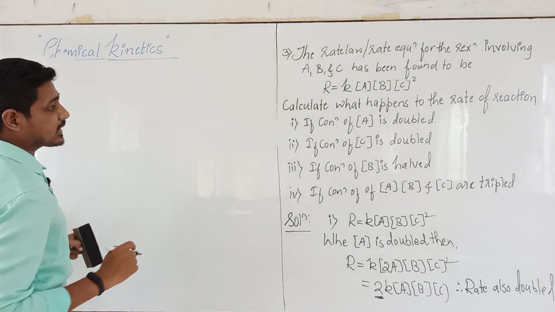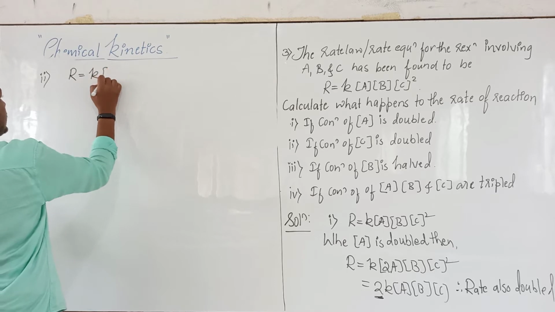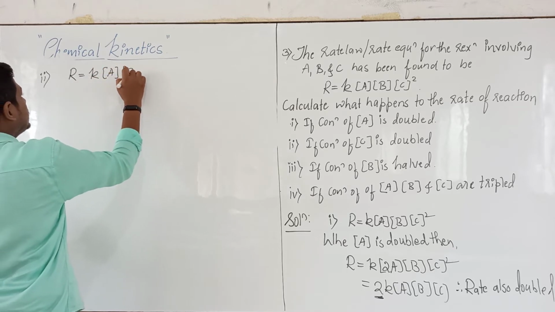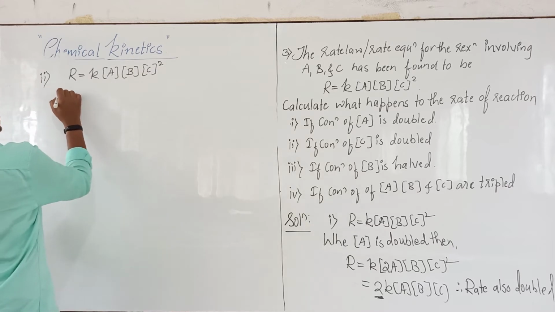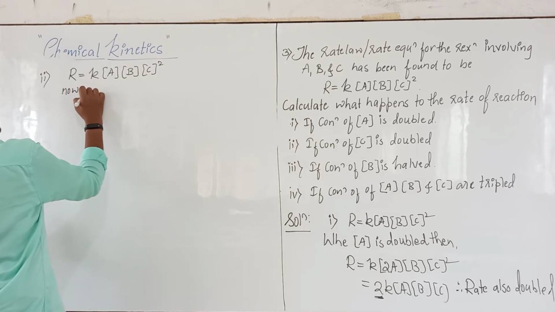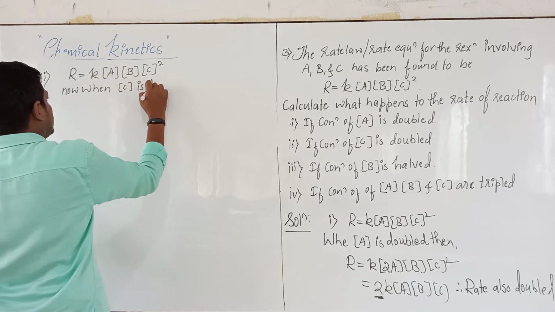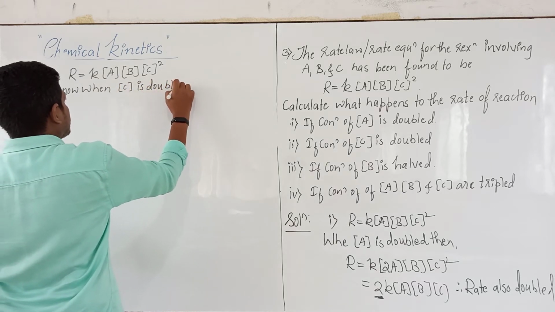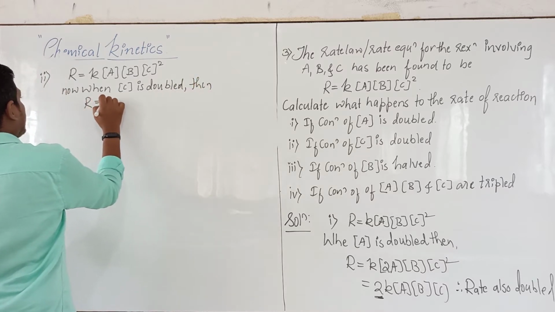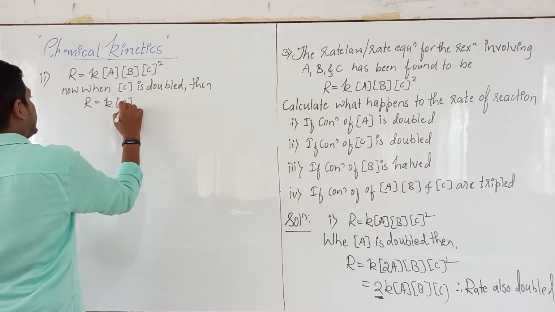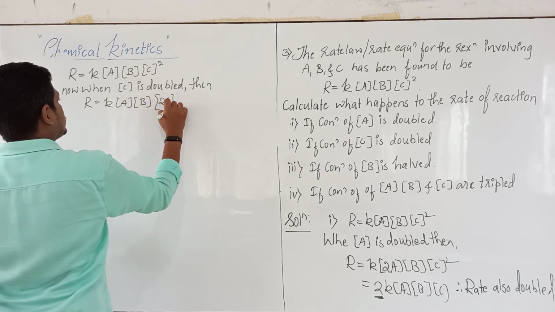If the concentration of C is doubled, again first write the equation properly: A into B into C square. Now when the concentration of C is doubled, what can you write? k into A, B, and now C is doubled, so (2C) square.